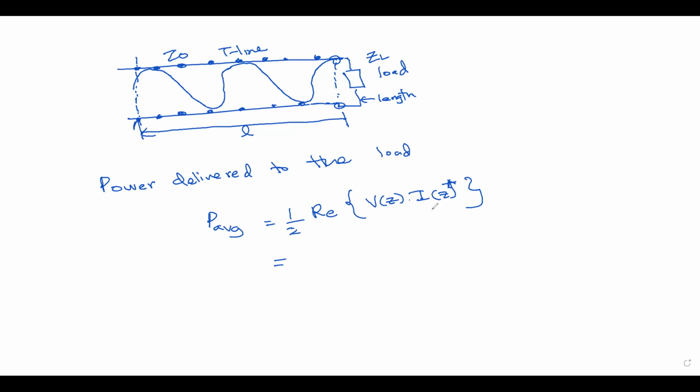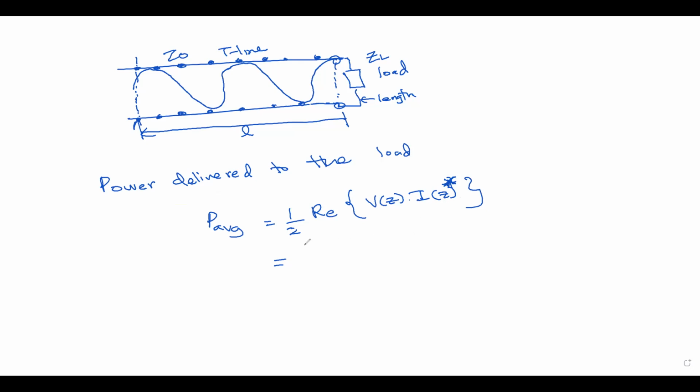We multiply the voltage and current in this manner to get the maximum product between voltage and current, right? Once we multiply the voltage with the conjugate of the current, we can get the square of the voltage and current values.